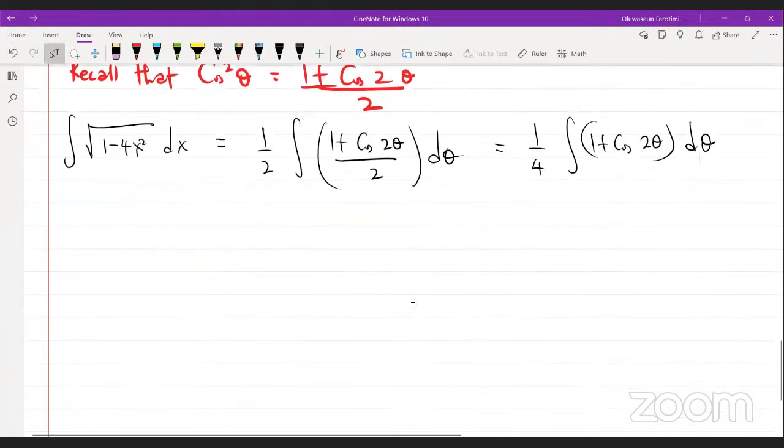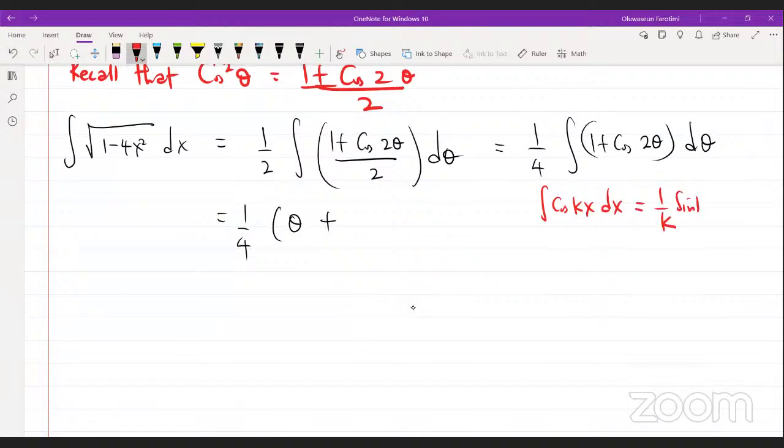Amazing, it's becoming simpler. So now integrate this. Remember, you have a 1/4 up front. If you integrate a constant, the integral of 1 d theta, you just get theta. Plus, when you integrate this, let me remind you guys as well: the integral of cosine of kx dx is 1 over k sine kx plus c.